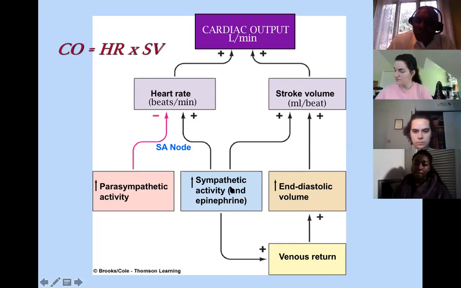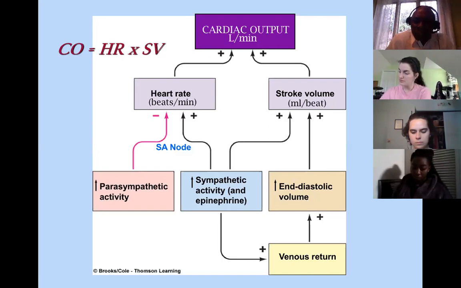The sympathetic, as you can see, it's impacting three things: heart rate, stroke volume, venous return, and therefore indirectly affects end diastolic volume. Okay, and we come to the end of the lecture for today.